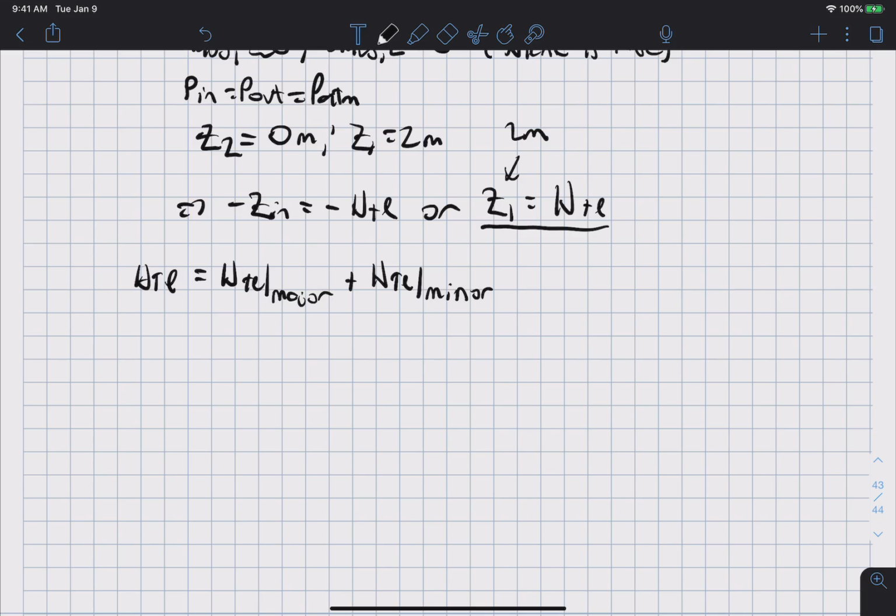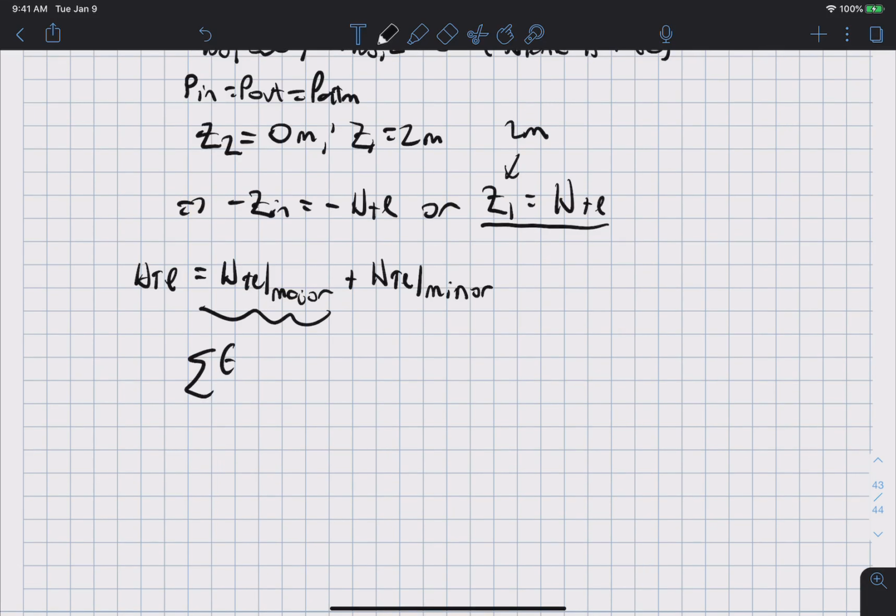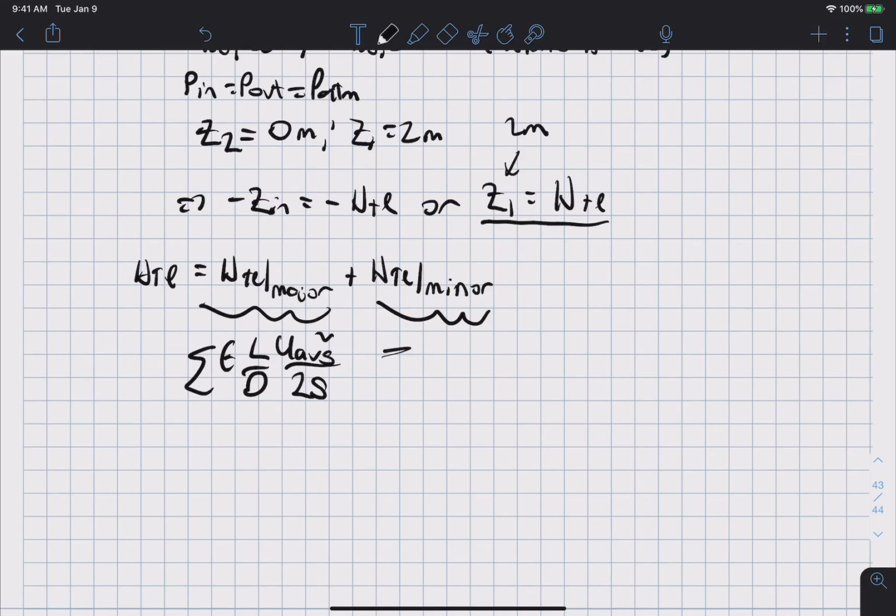Okay, and so this term here is defined by the sum of the Darcy friction factor times L over D times U average squared in the pipe that it's currently in. And the minor losses are defined as the sum of a loss coefficient, which we need to get from tables, times the average velocity squared over 2g.